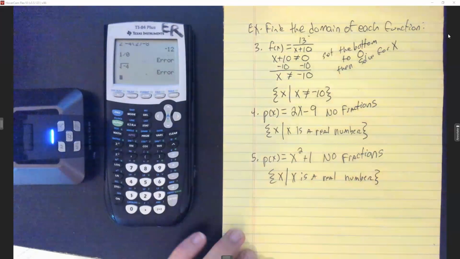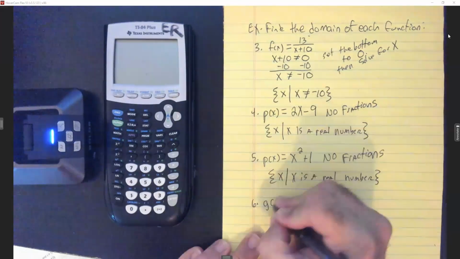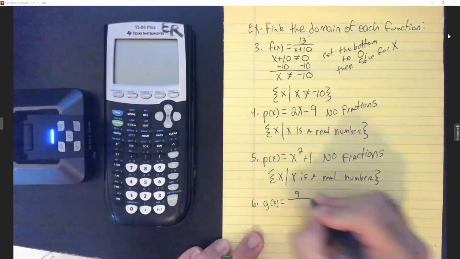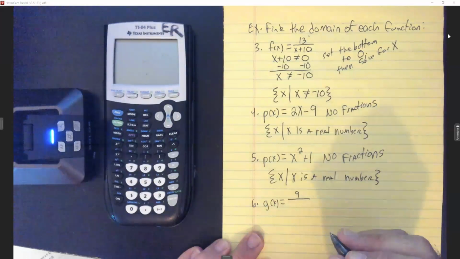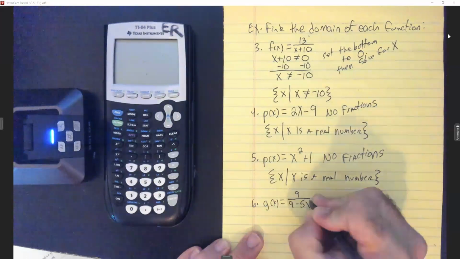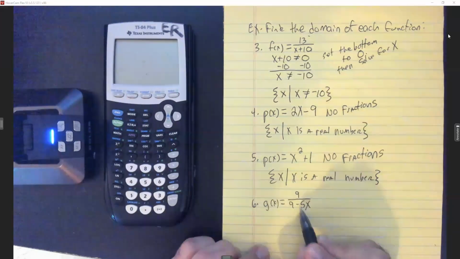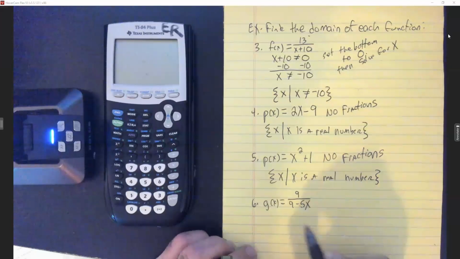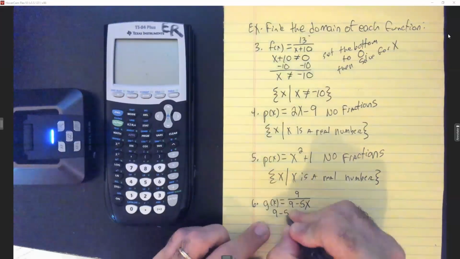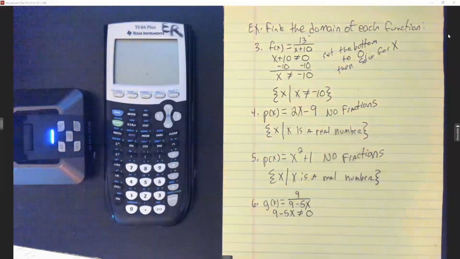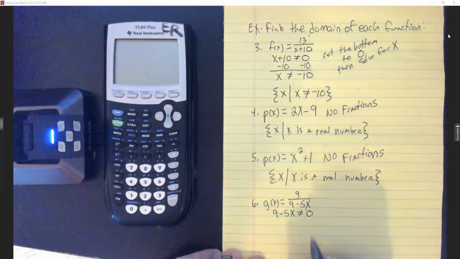Six has G of X equals 9 divided by 9 minus 5X. So guess what? You do have a fraction, so we're going to take the bottom and set it not equal to 0. So 9 minus 5x cannot equal 0. We're going to solve it for that x and see what we get. So y'all, to solve this, I'd probably subtract 9 first.